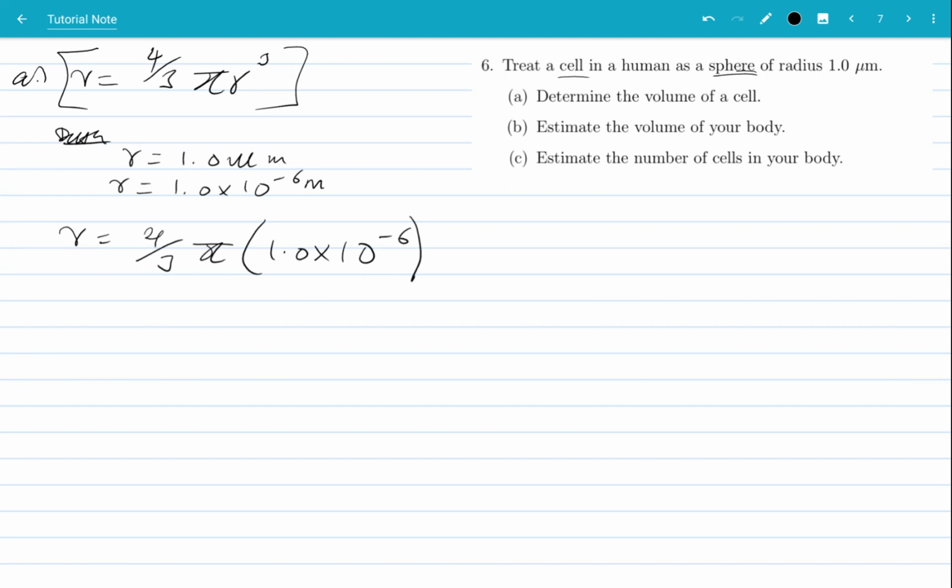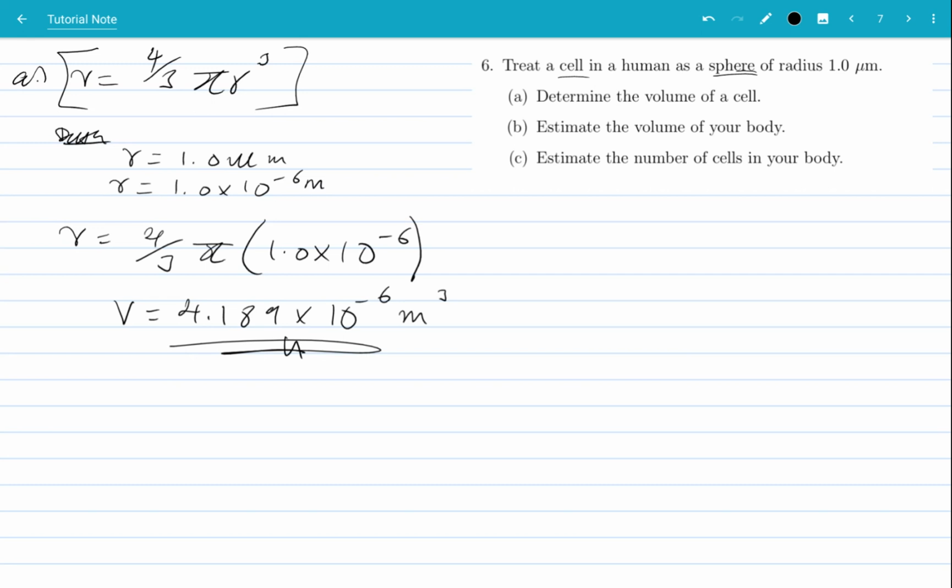So you say 4 over 3, then multiply it by pi. After you do that, then multiply it by 1.0 times 10 to the minus 6. Upon doing that, you will get your final answer as the volume to be equivalent to 4.1, I'll round it off, 9 times 10 to the minus 6. This is volume, centimeter cubed.